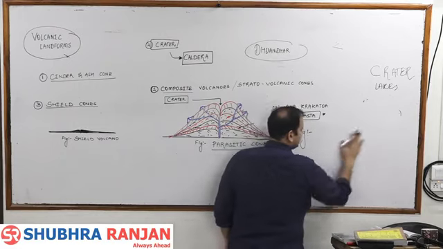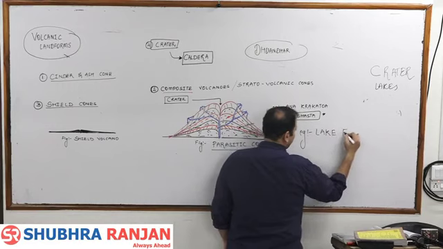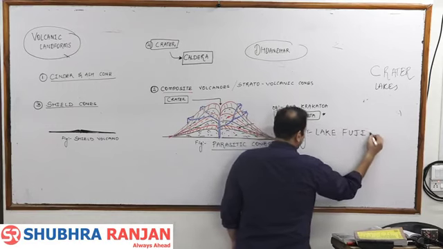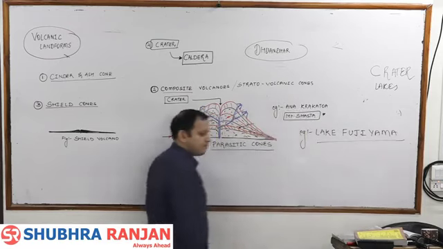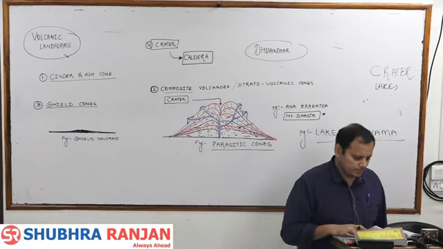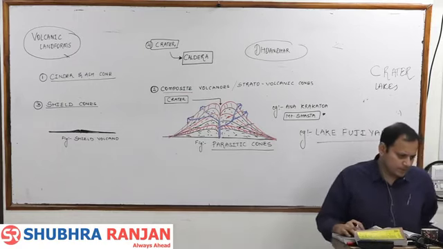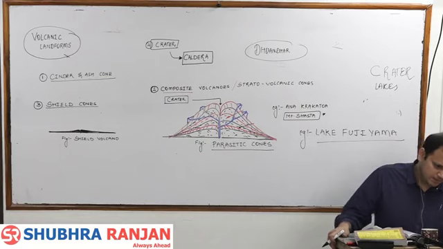Example, you can write Lake Fuji or Lake Fujiyama. Which country? Japan.